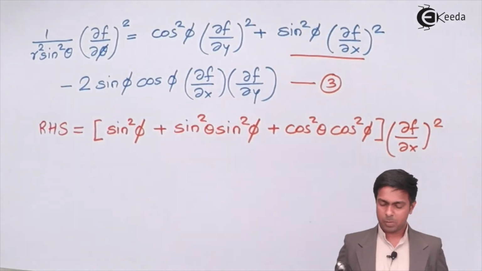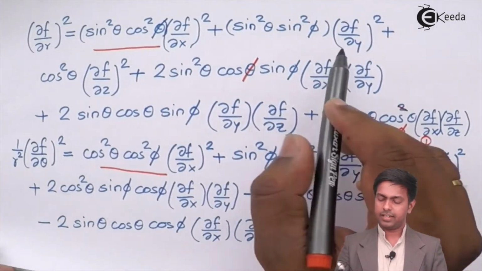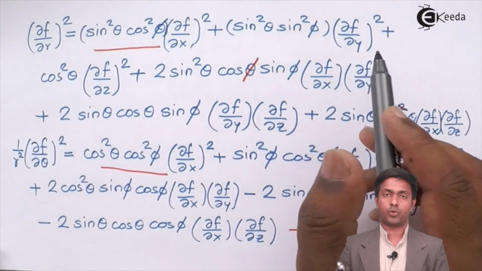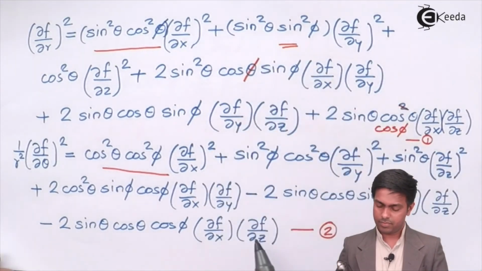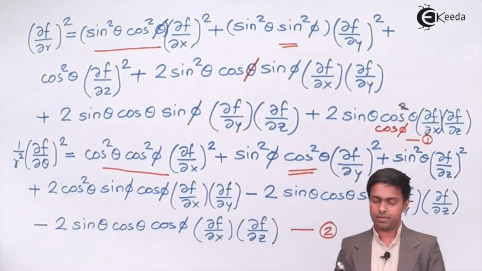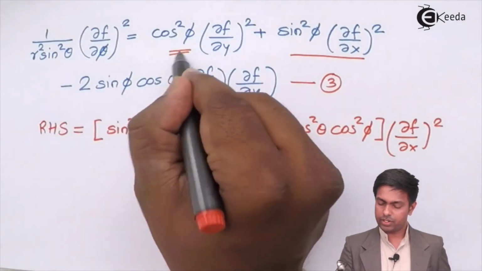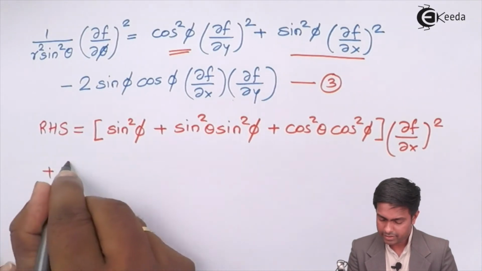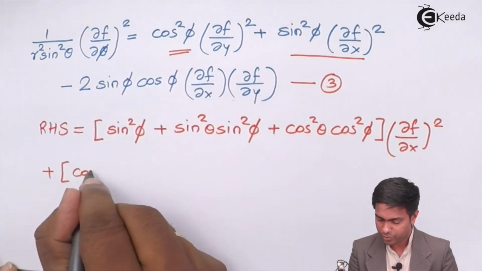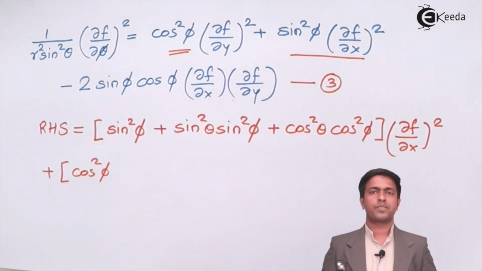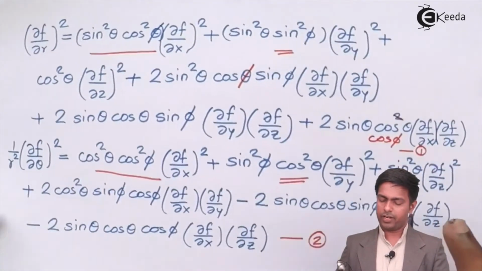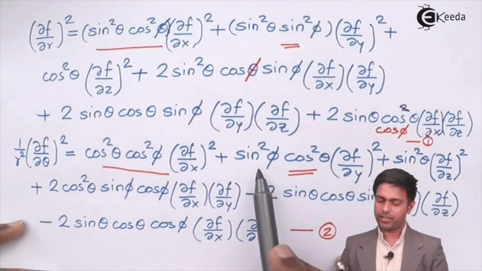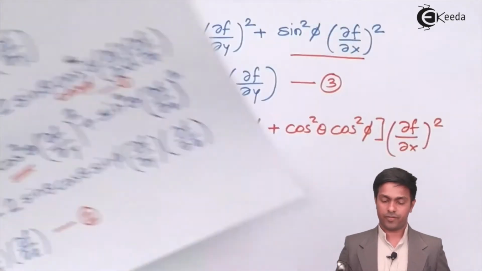Next we'll take this del f by del y the whole square term together. So this is the first term, then here we have the second term, and then here we have the third term. So we'll take the remaining terms in the bracket. From here we'll get cos square phi. Next, from here we'll get sin square theta sin square phi, and here cos square theta sin square phi.